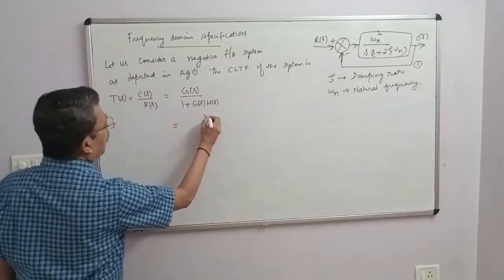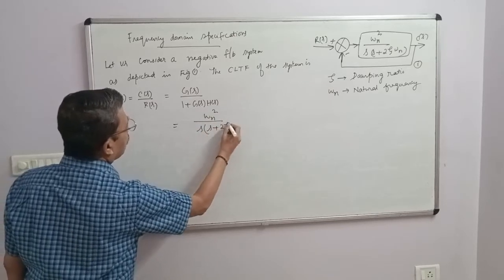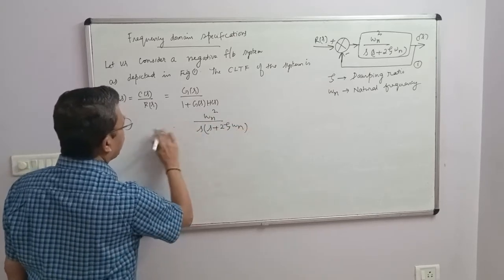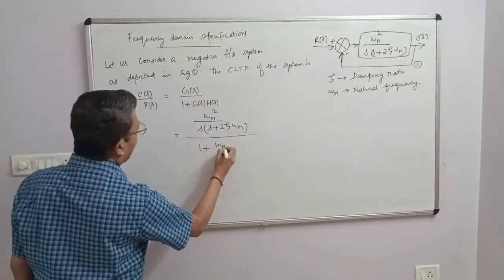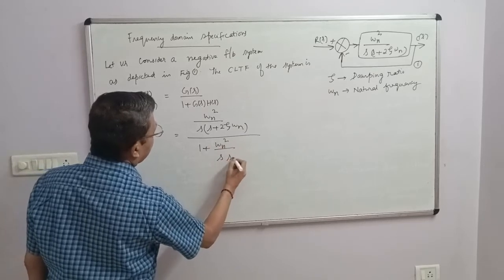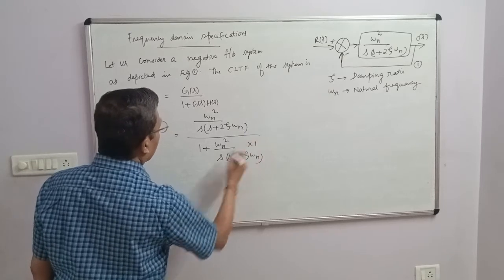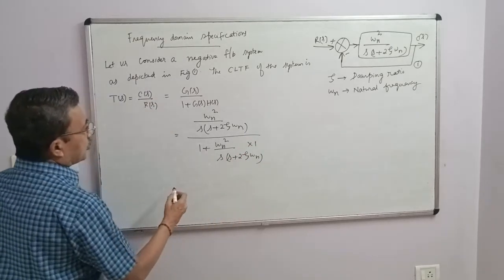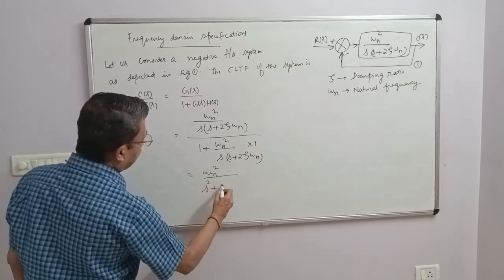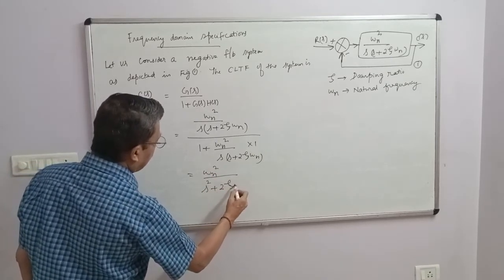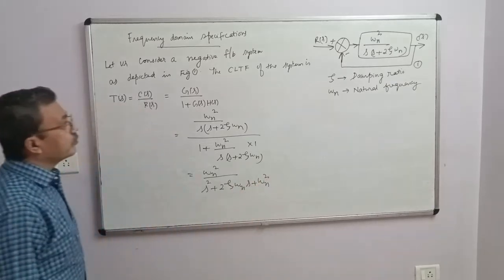G of s is omega n square divided by s into s plus 2 zeta omega n, divided by 1 plus omega n square divided by s into s plus 2 zeta omega n into 1. So this can be simplified as omega n square divided by s square plus 2 zeta omega n into s plus omega n square.